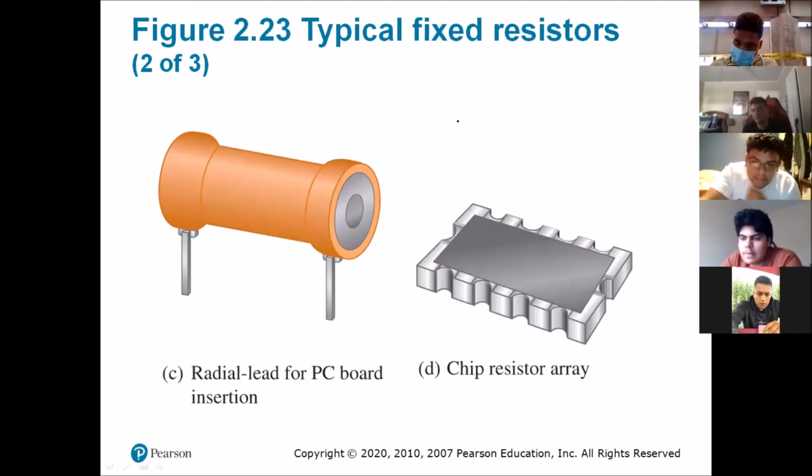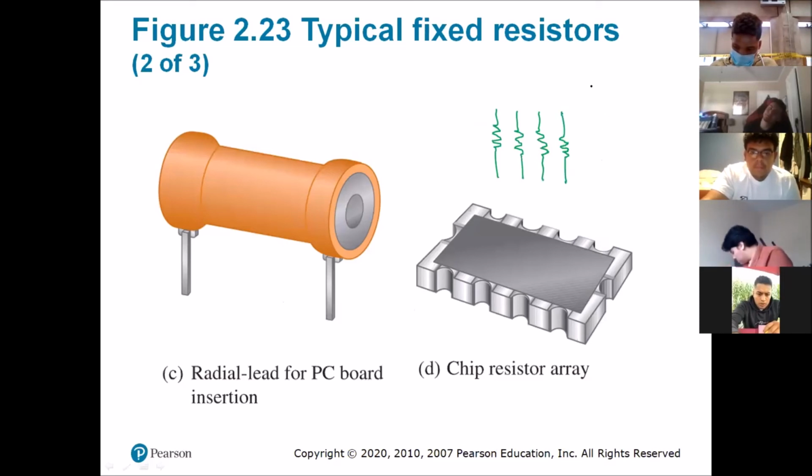You might have something like this: one resistor, two resistors, three resistors, four resistors, or more.